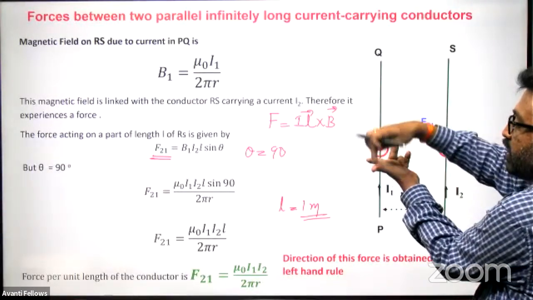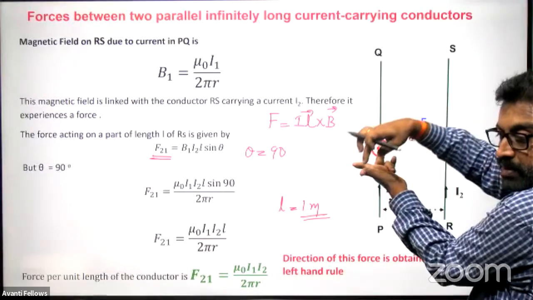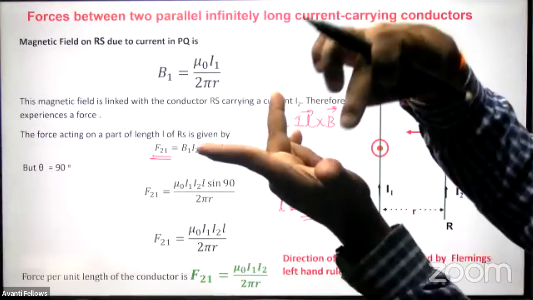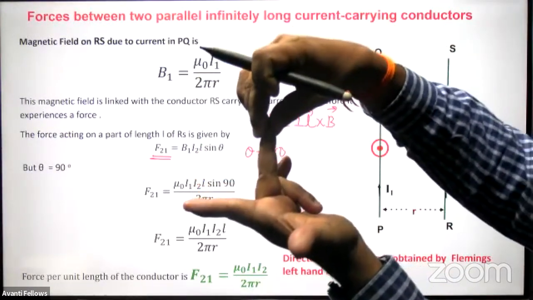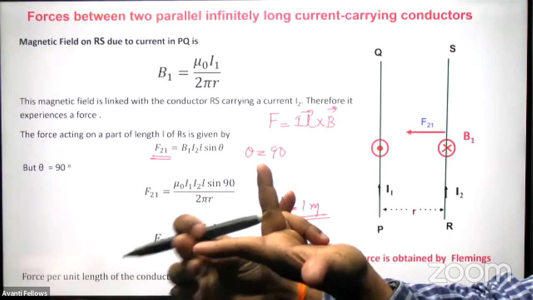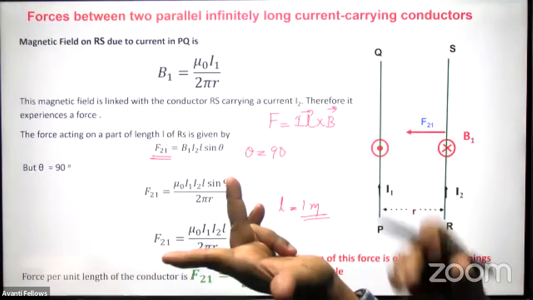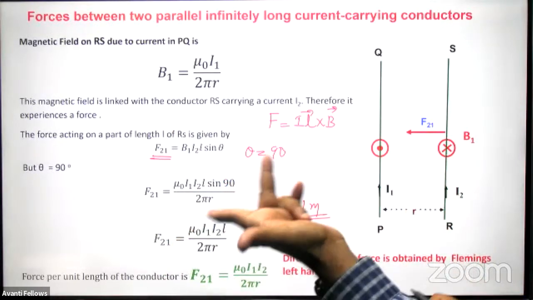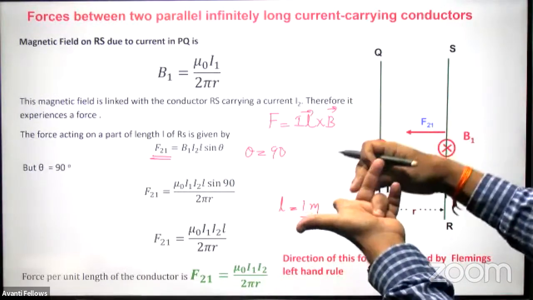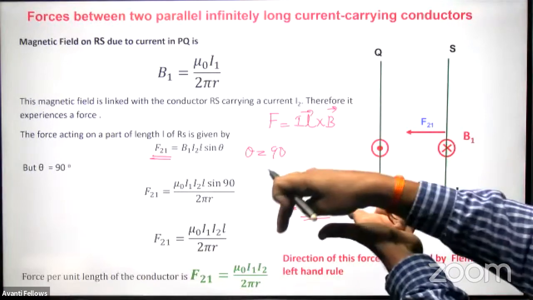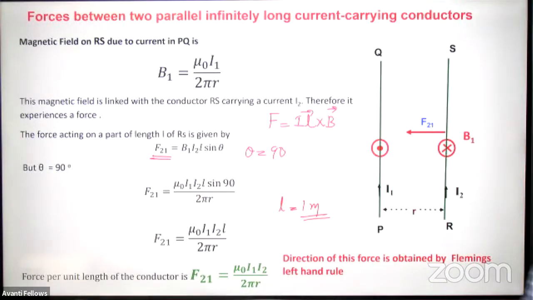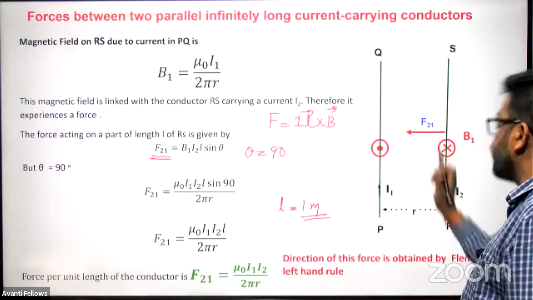FBI. Current is upward. Magnetic field is inward into the plane of the board. I is upward, B is inward, force is towards left. So the direction of the force is towards left.